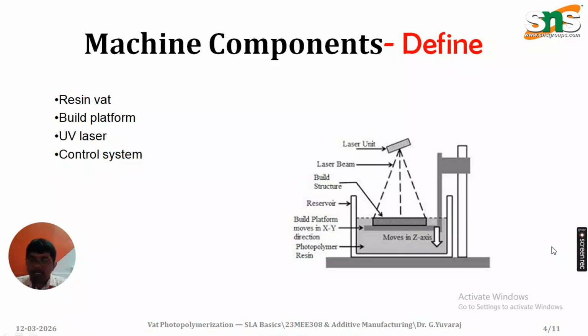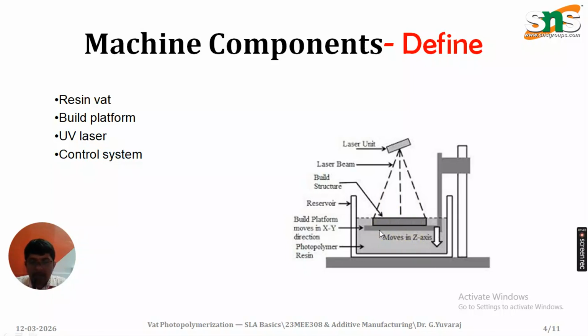This session is about the machine components. In these machine components we use either a resin vat or the build platform, which can be used with the help of a UV laser along with its control system. The laser unit processes the light as a beam, and according to the axis movement, the laser beam is either reflected over the object or absorbed by the photopolymer resin.